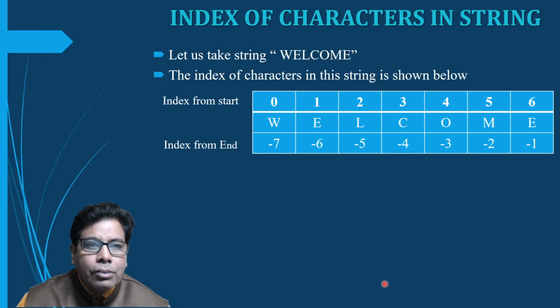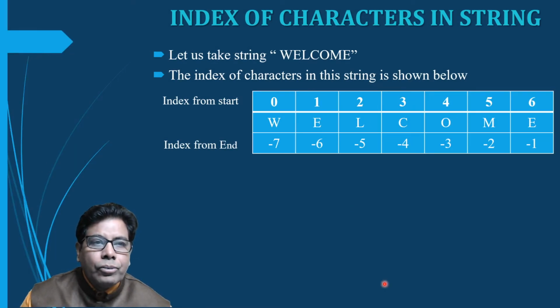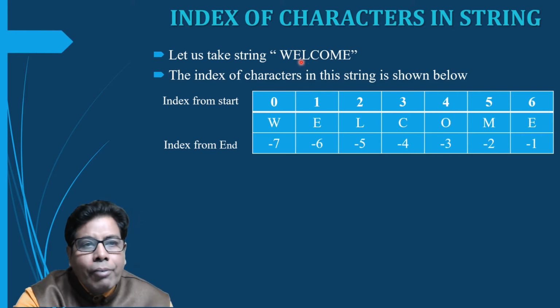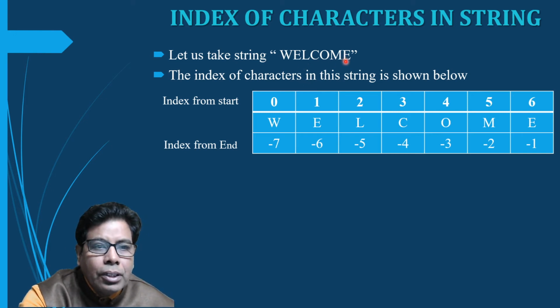Let us see how we can index characters in, say, we take the example welcome. This is the string. So this is having 7 characters. So the index will start from 0 and go up to 6, and at the 7th position that will be the end of the string character.